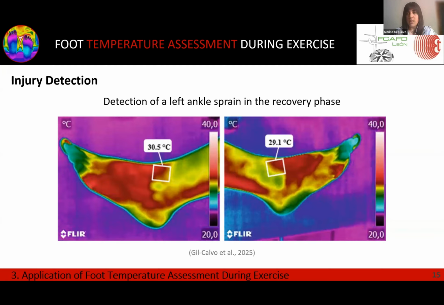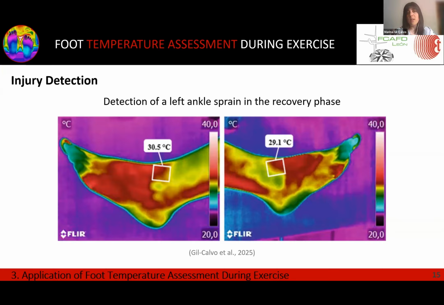But this technique has also been used to detect other conditions, including skin-related problems like ulcerations in diabetic patients, nerve-related conditions such as neuroischemia, and vascular alterations.